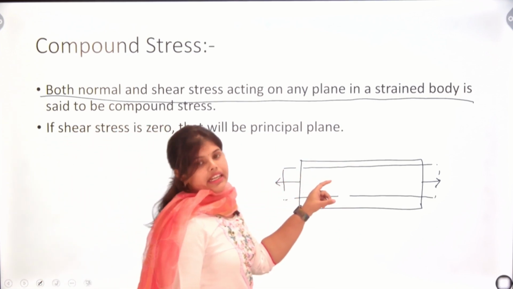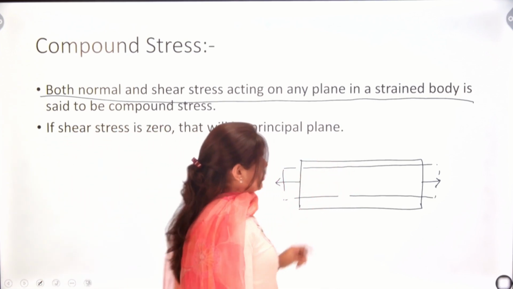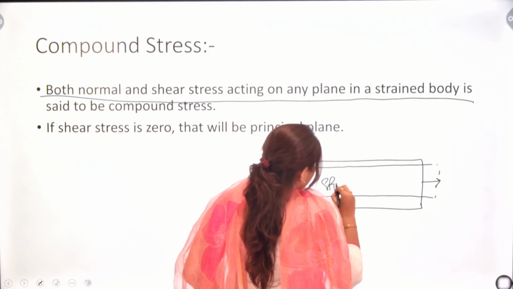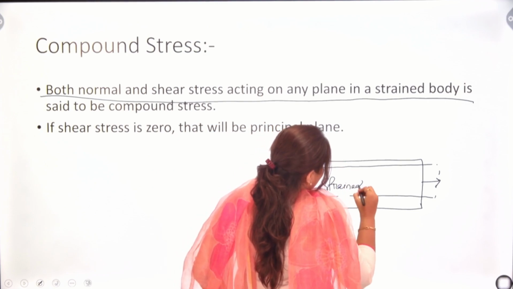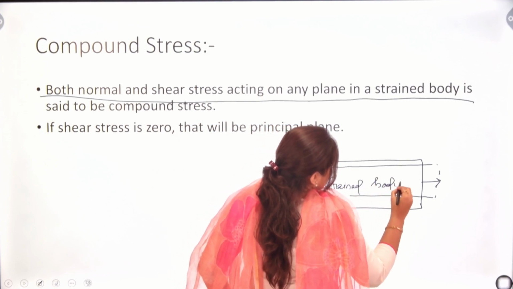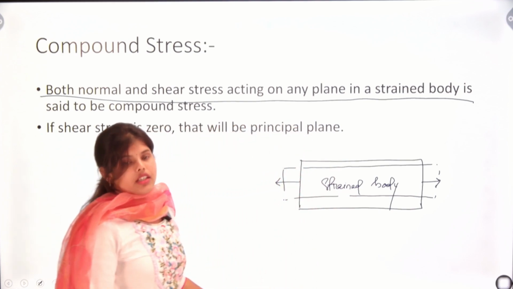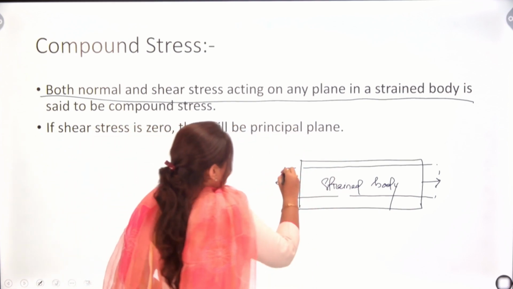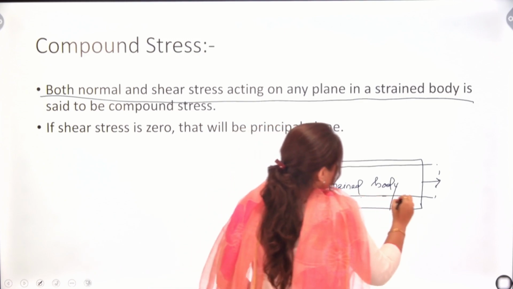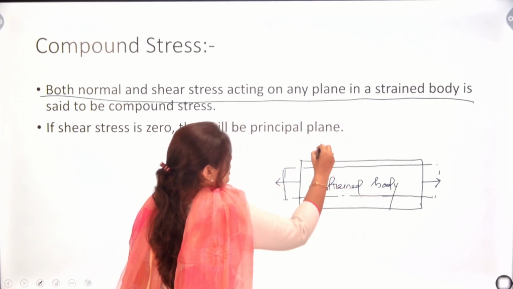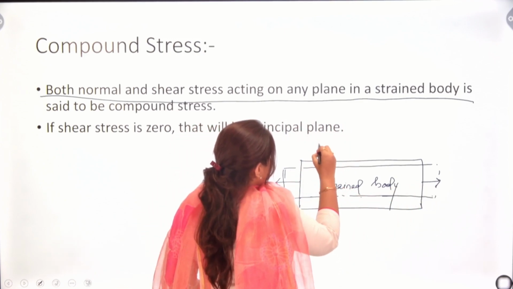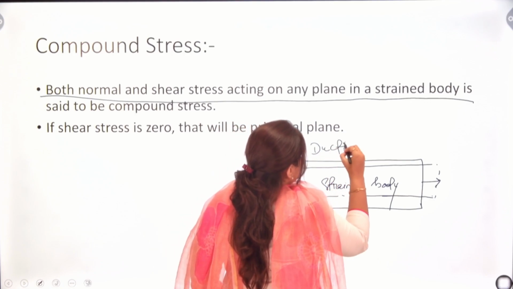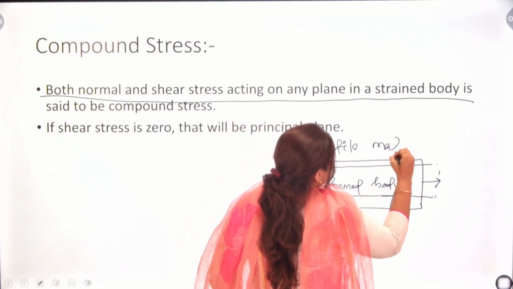So we take that as a strained body. In case of a rigid body, it is not possible, so we are taking ductile material.